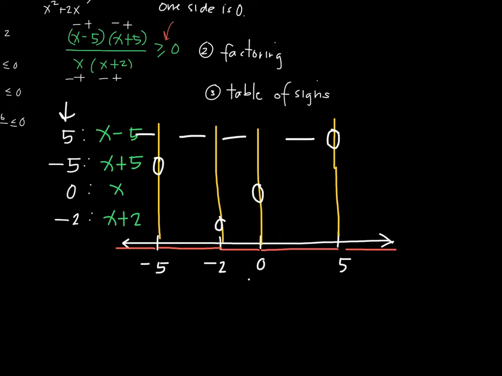However, when you place a number bigger than 5, say 6, then x minus 5 is 6 minus 5, which is equal to 1, a positive number. And all the other numbers that you choose that are greater than 5 will be the same case. It will be positive. Now, there is a general pattern when it comes to placing these signs.